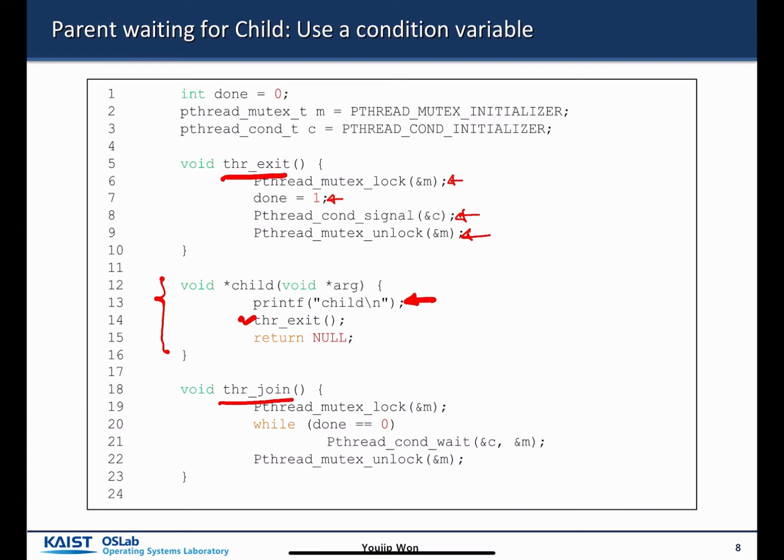So when you call thread join, it first locks the mutex, and then if done is zero, it means that the parent has to wait for the child to finish, and then it calls thread condition wait. The first argument is the condition variable, the second one is the mutex, and then it calls pthread mutex unlock.